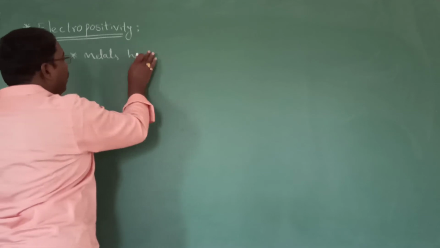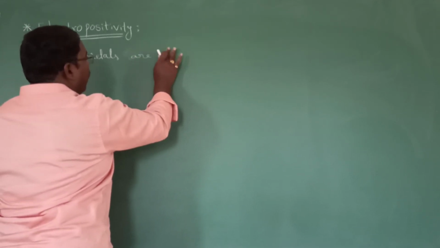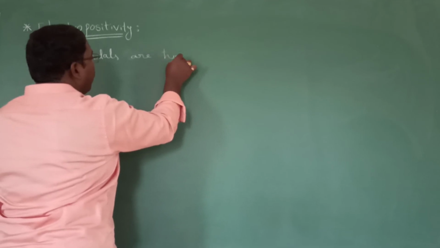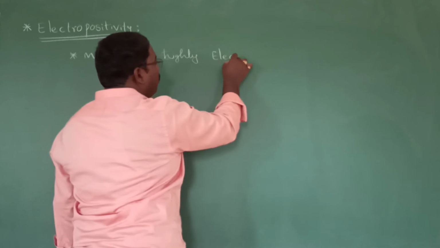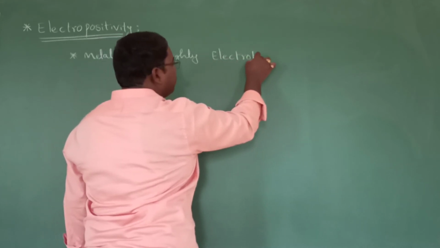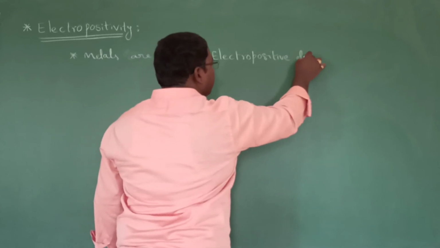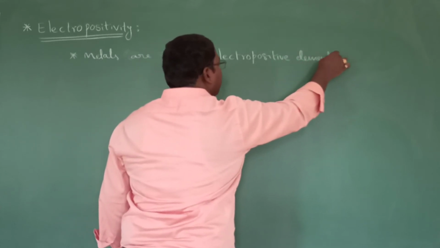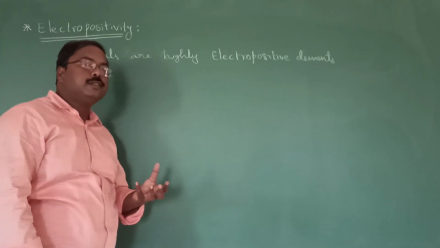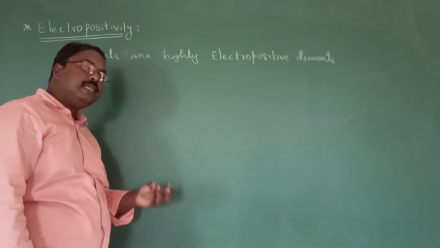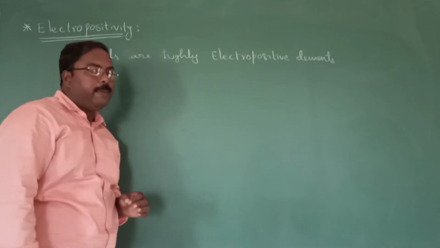Metals are highly electropositive elements. Generally metals have more tendency to lose the electrons, so that is why those are highly electropositive elements.